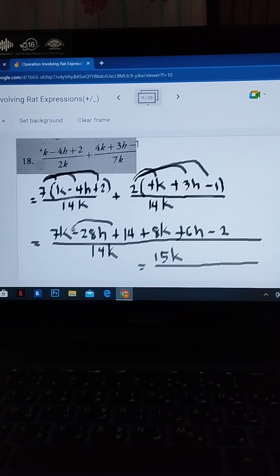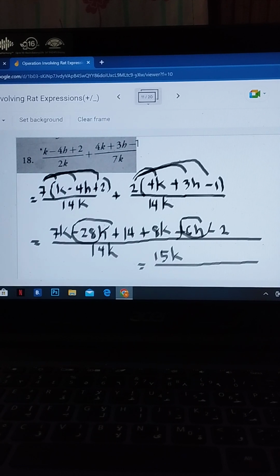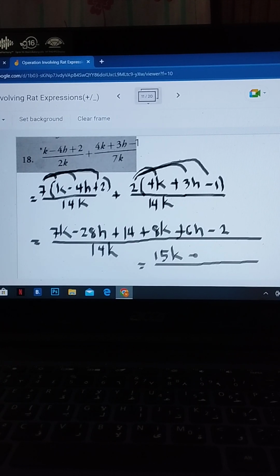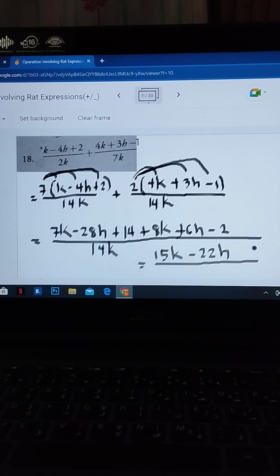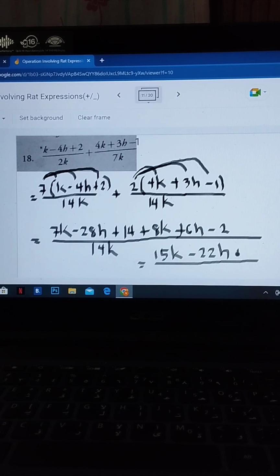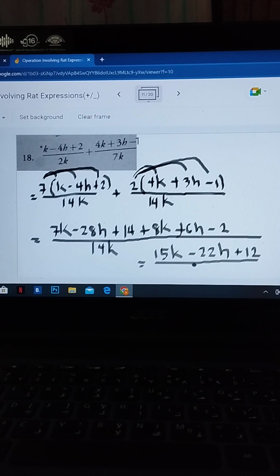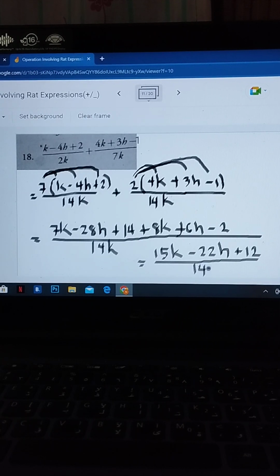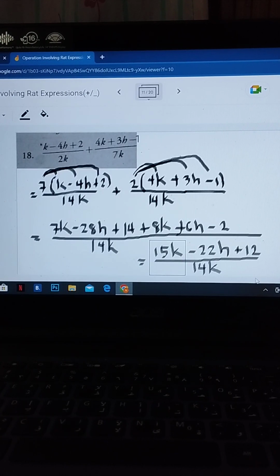Next is negative 28h plus 6h is negative 22h. Then 14 minus 2 is 12, so plus 12 over the same denominator, 14k. So this is now our final answer.